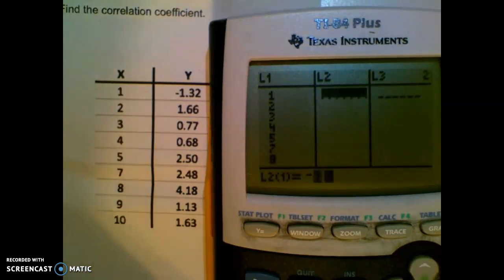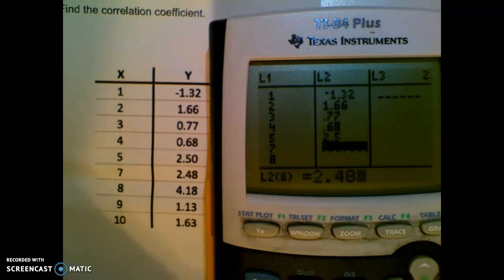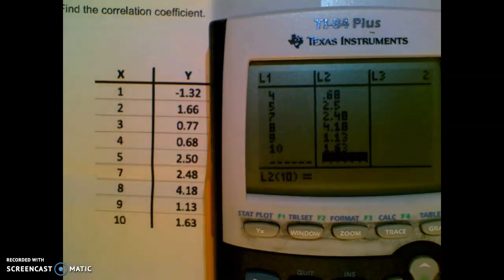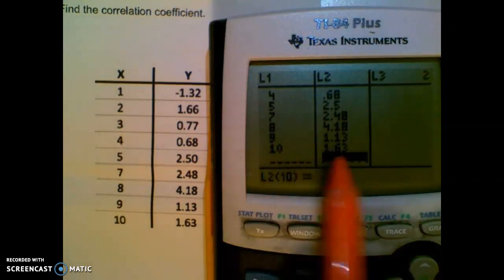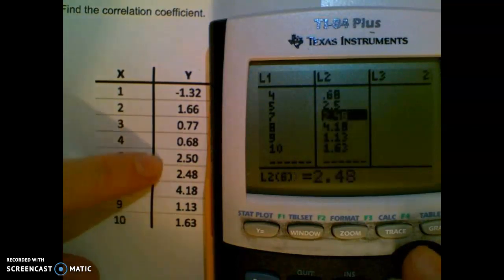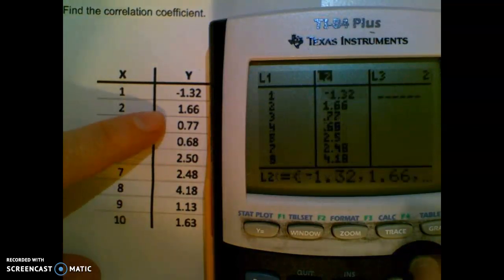Then negative 1.32, 1.66, 0.77, 0.68, 2.5, 2.48, 4.18, 1.13, 1.63. It's always nice when they end up with the same number of items. I'm going to scroll through and make sure. Yep, looks good to me.